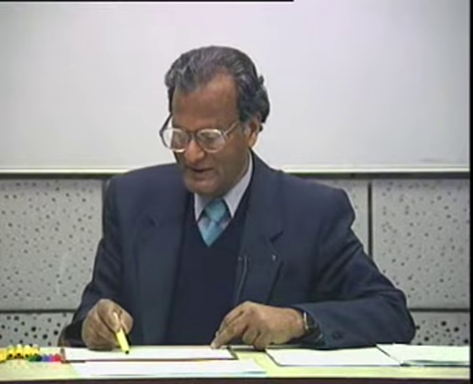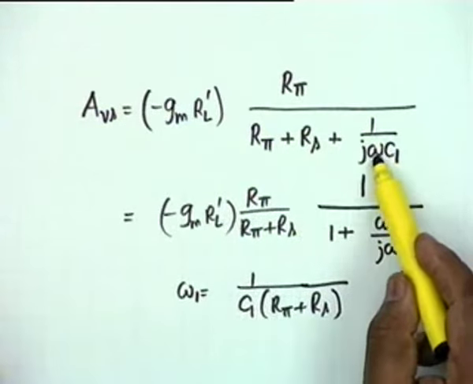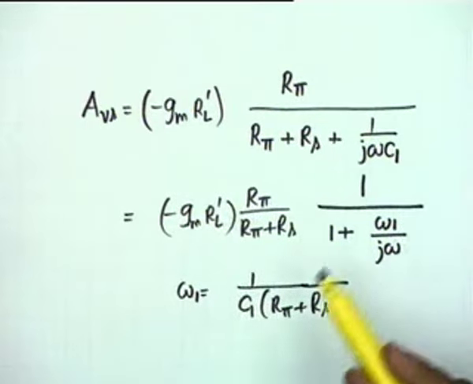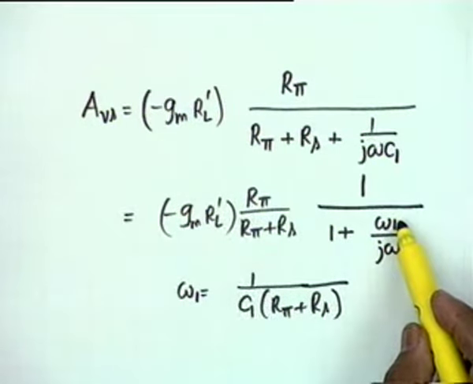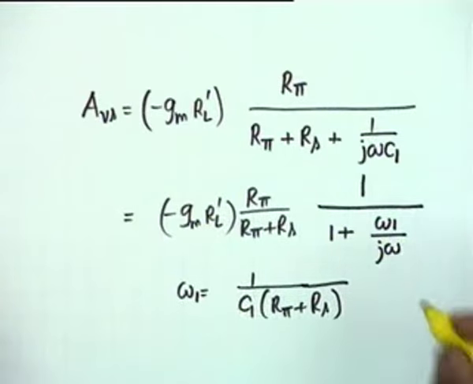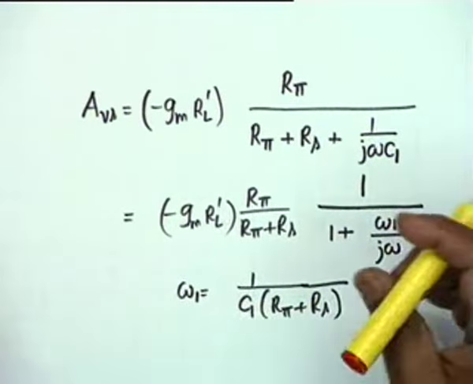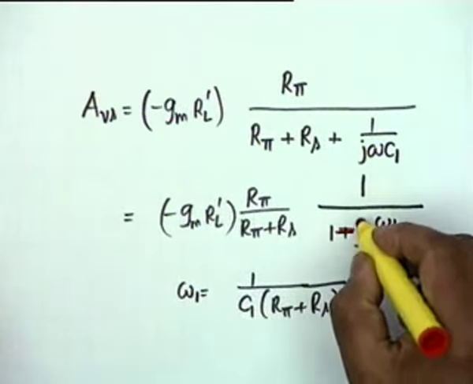All we have done is we have taken R pi plus Rs common, so 1 by j omega C1 R pi plus Rs, and 1 by C1 R pi plus Rs we have put as the constant omega 1, alright. And this j in the denominator can be written with a negative sign, we can make this negative and bring j here.